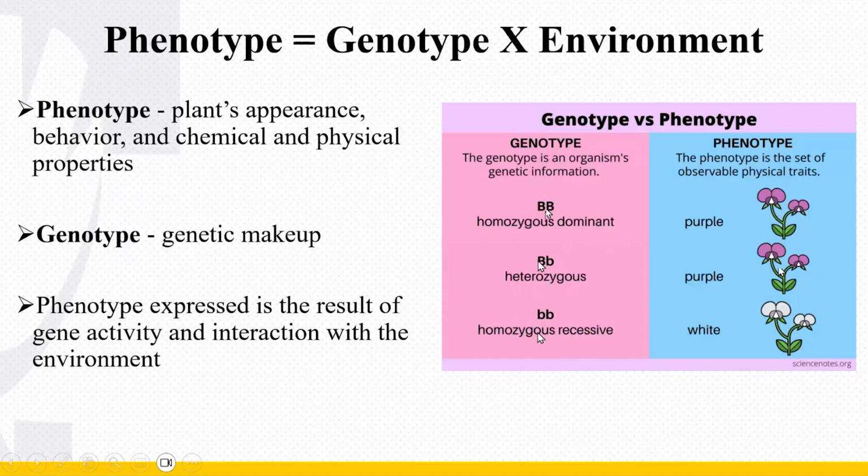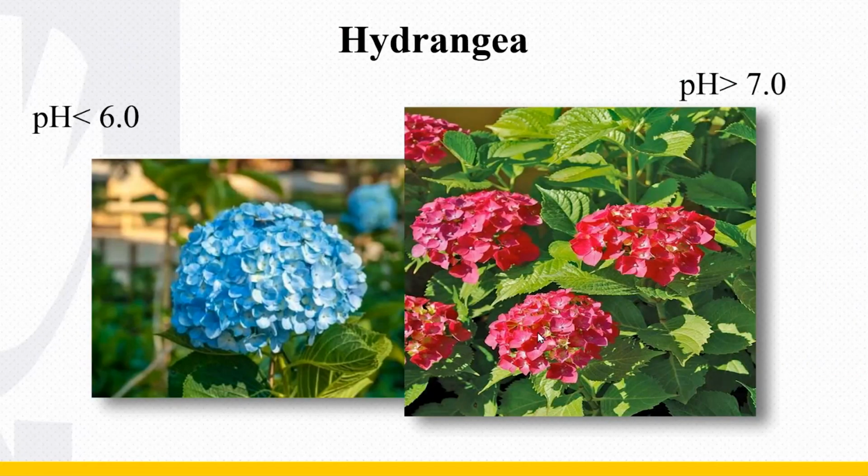So we don't really know what the genetic component is just by looking at the plant. We have to do back crosses and test crosses in order to determine if we succeeded in getting this trait either in or out.